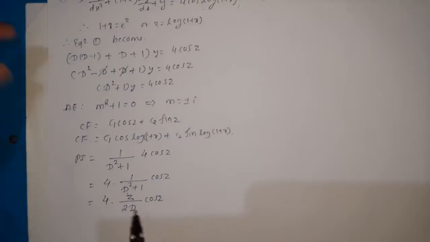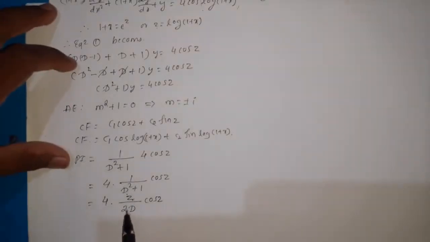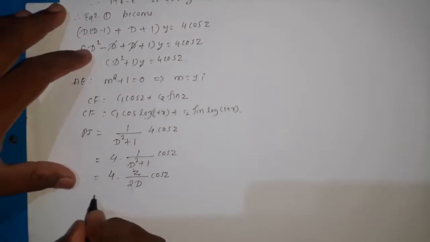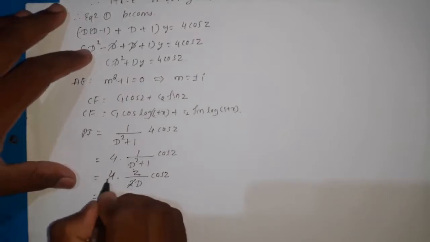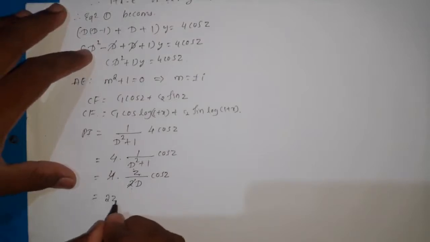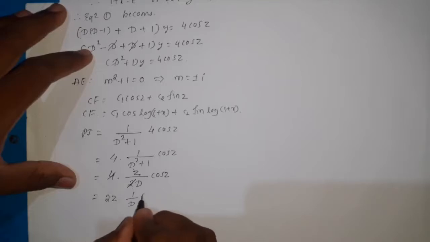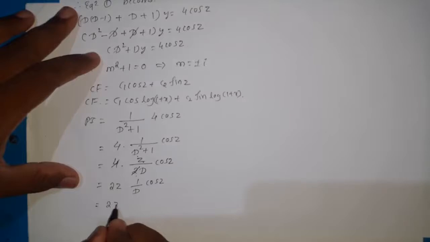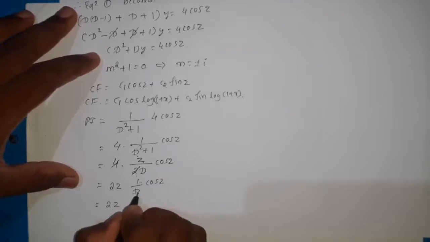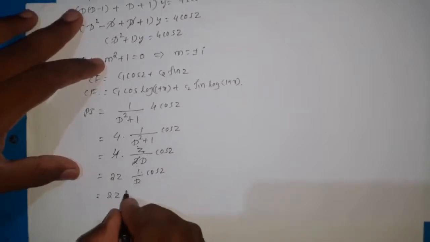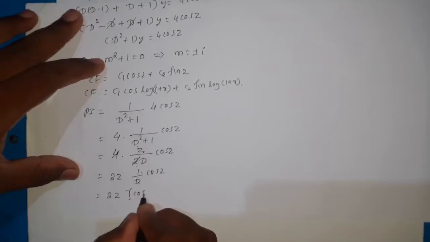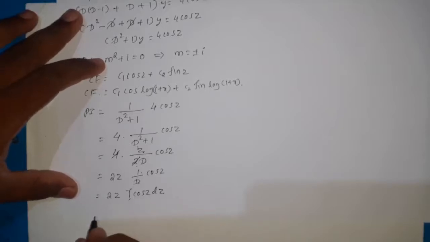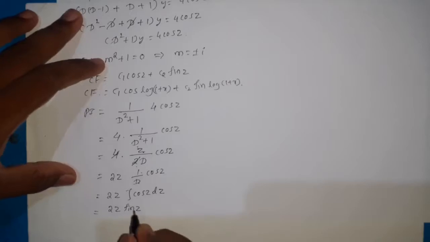So therefore here the variable is z, so z divided by 2d, then it is equal to 2 1s are 2, 2 2s are, then it is 2z 1 by d into cos z. So this is equal to 2z, 1 by d is the inverse operator, that is nothing but integration of cos z dz, which is equal to 2z sin z, that is the particular integral.